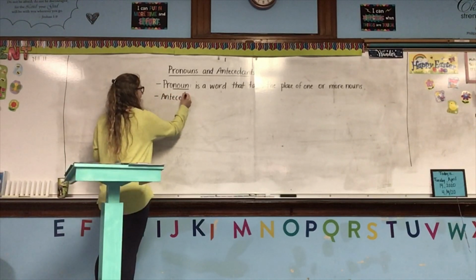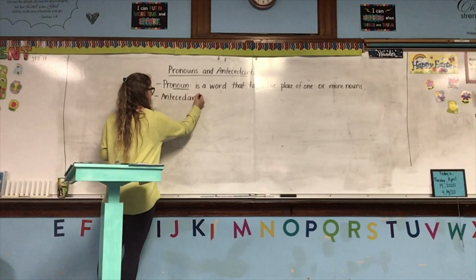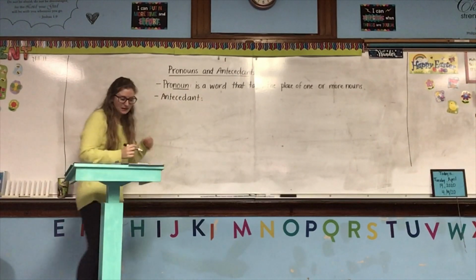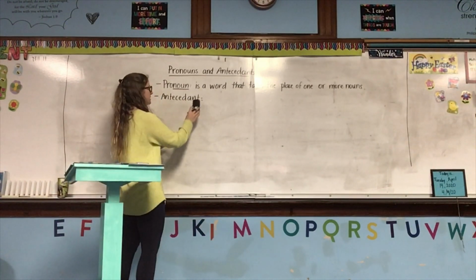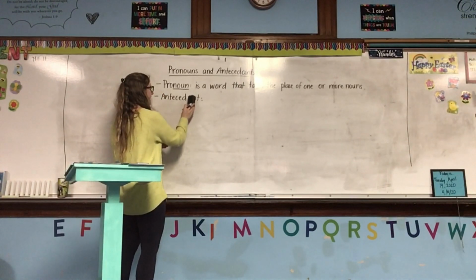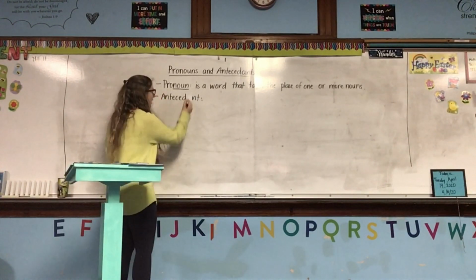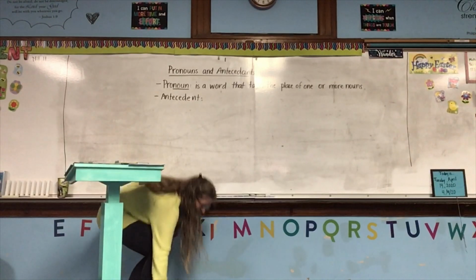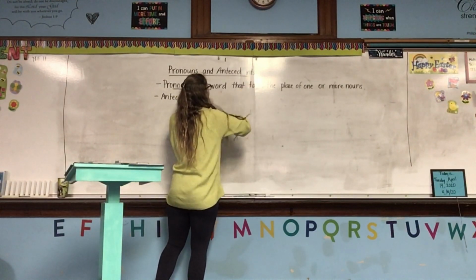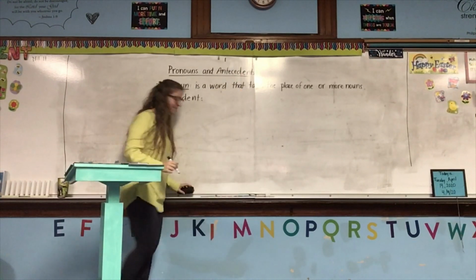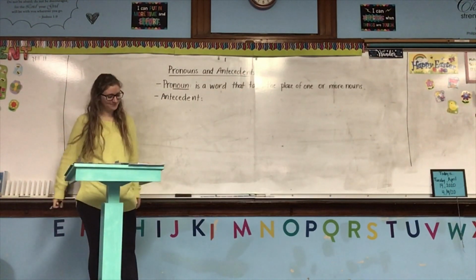Then we have an antecedent. Oops, I'm sorry, I spelled that wrong 2 times. So, erase that A and make it an E right there, and then in the title. Sorry about that. Antecedents, not antecedants.